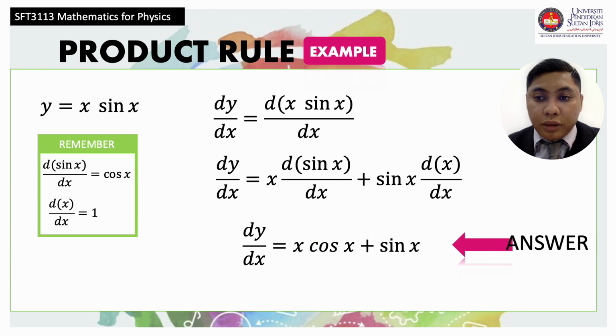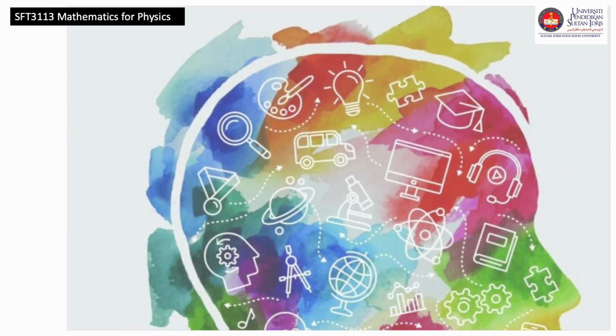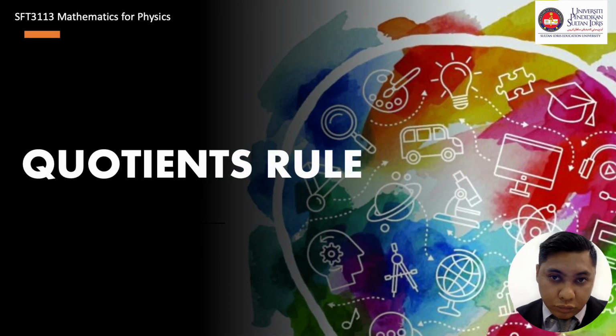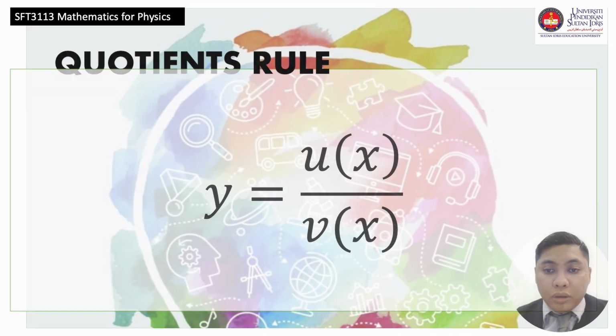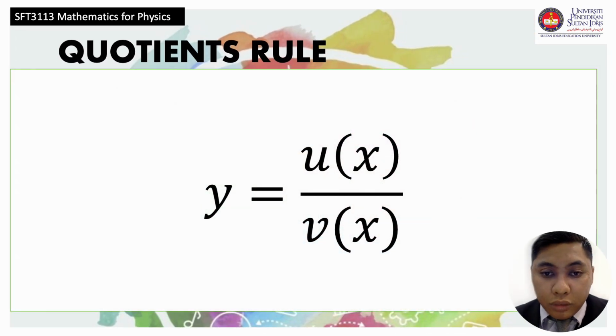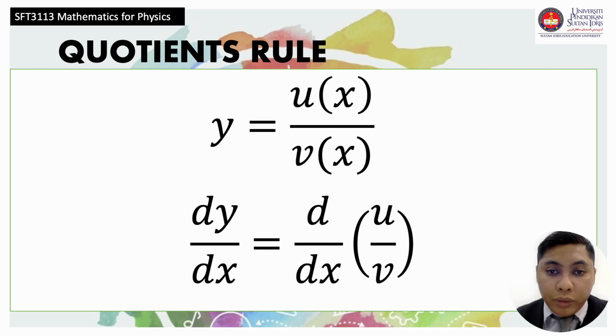Let's go to the quotient rule. The quotient rule is a little bit different. According to the quotient rule, you have one function u(x) over v(x).